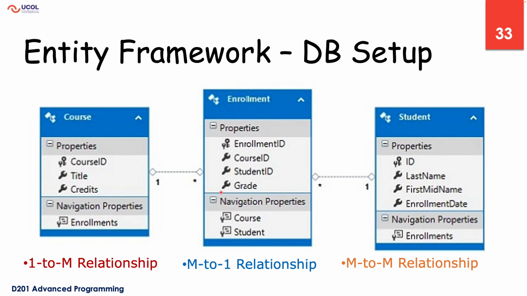So this is the model that we are going to implement in our practical session. Here we have a student which has the student ID, last name, first name, and enrollment date.